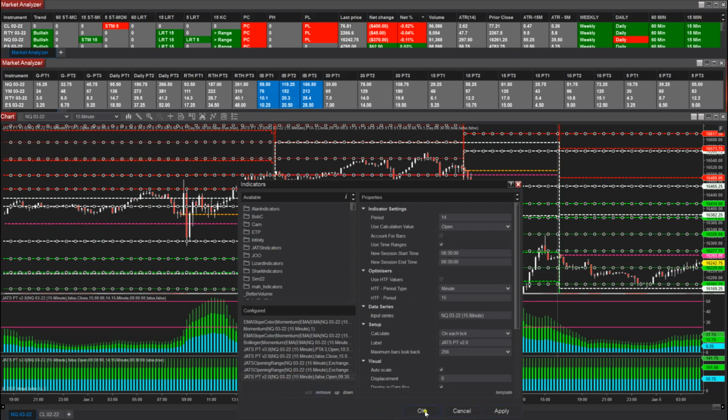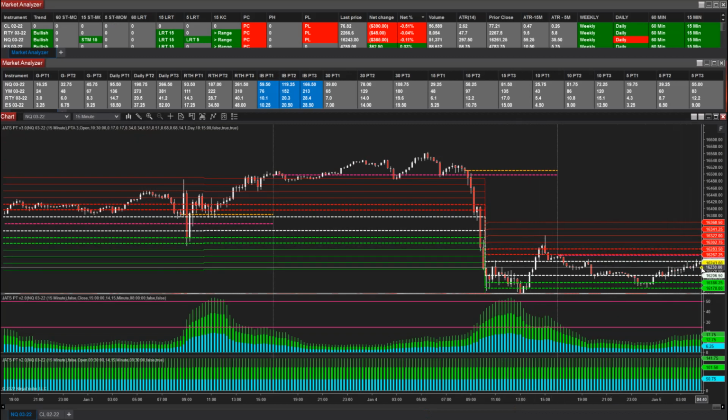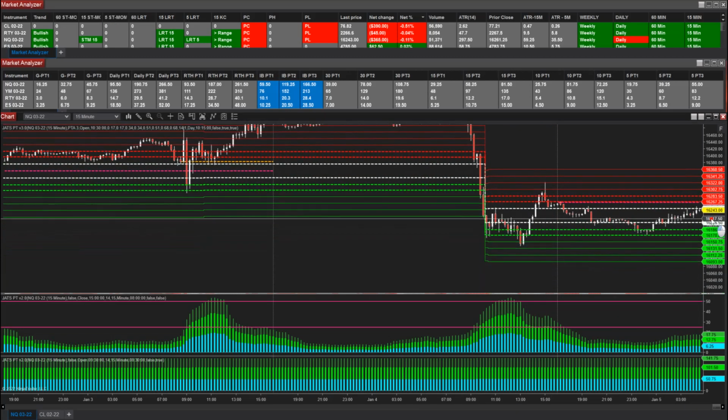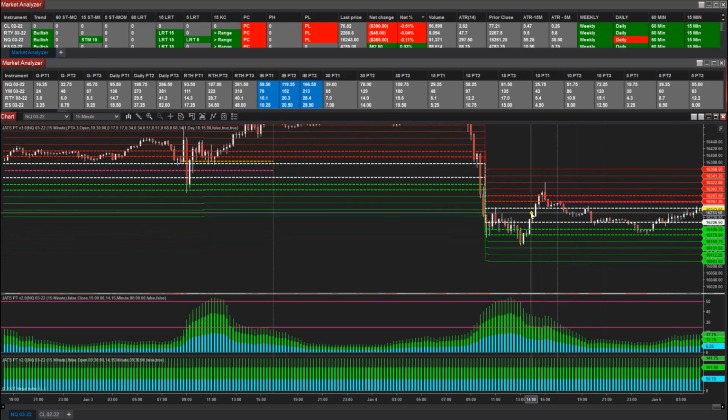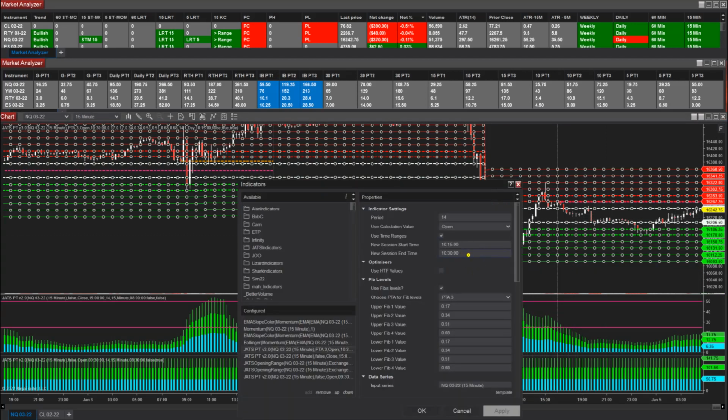You can set any range you want. So if you like a specific time frame, you can set a range to trade it. And the distributions are all the same. So this can be customized granularly just by time period. So this would make all the GAN traders really happy.